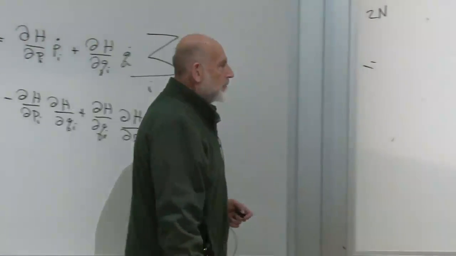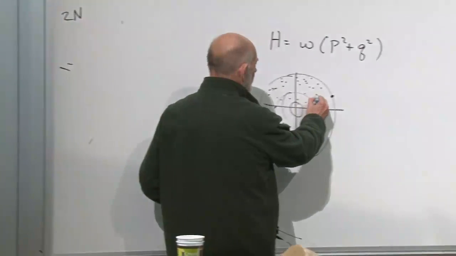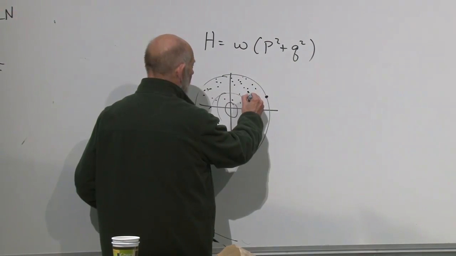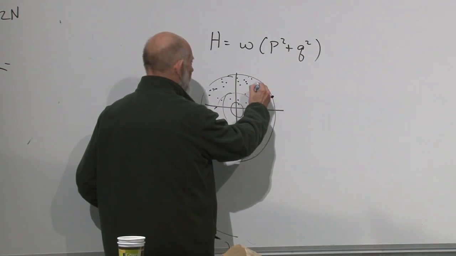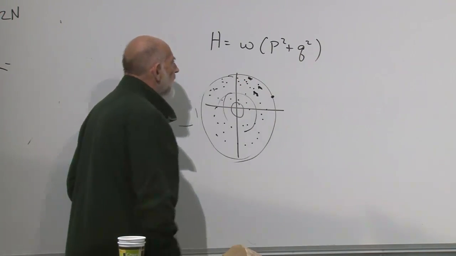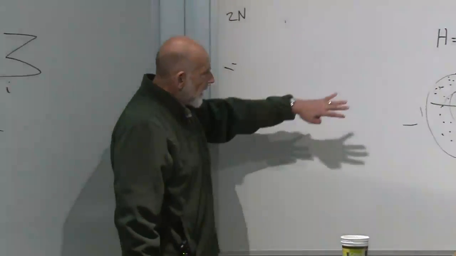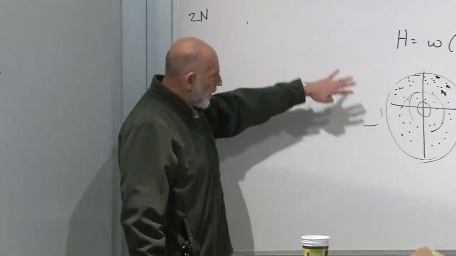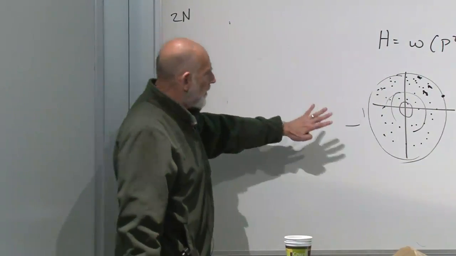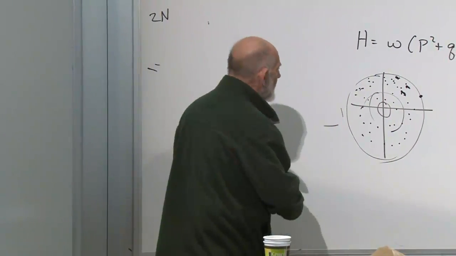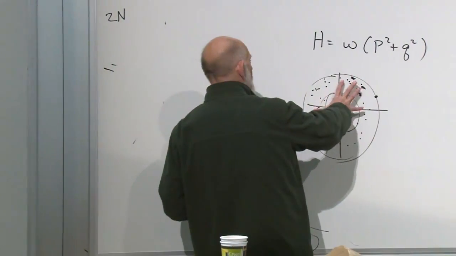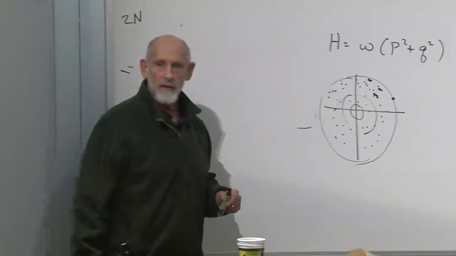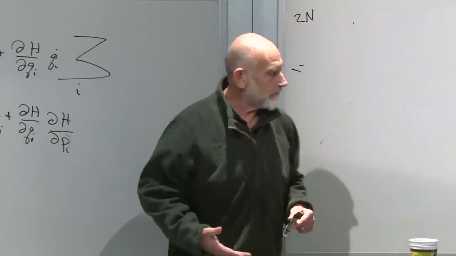So wherever you happen to be, you'll be at the next point a little bit later. You'll move in some way, and some way is dictated by what the Hamiltonian is. And so you get a pattern, a picture of a flow. In this case, for the harmonic oscillator, the flow is very simple. Just everything rigidly moves around on a carousel, so to speak.